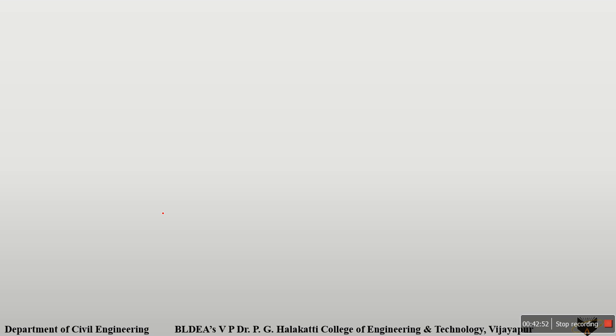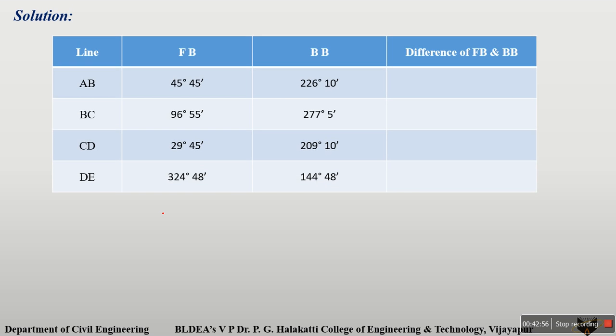So start with the solution. The first step in solving the local attraction problem is to find the difference between the forebearing and the back bearing. First, line AB. Here they have given the back bearing as well as the forebearing. The difference of these two is 180 degree 25 minutes.